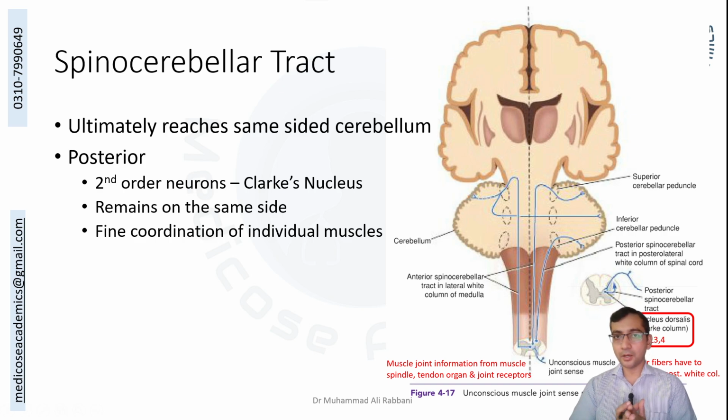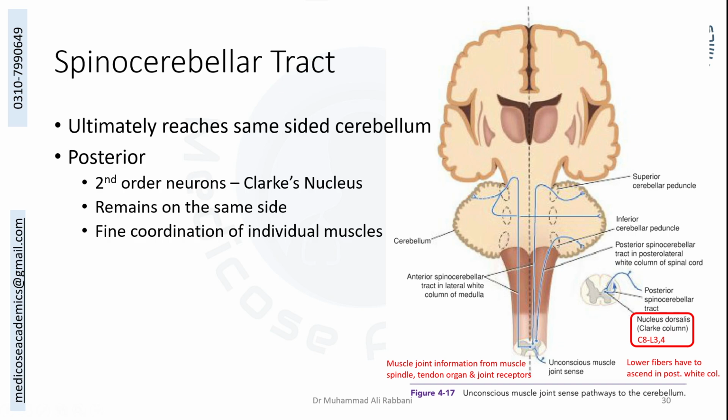So what about the proprioceptive signals that are coming from below? Let us take the proprioceptive signal that is coming from S3. After entering the spinal cord through the dorsal root, without synapsing, they move up in the dorsal column until they reach L2, L3, L1, where they have to synapse with the Clark's nucleus.